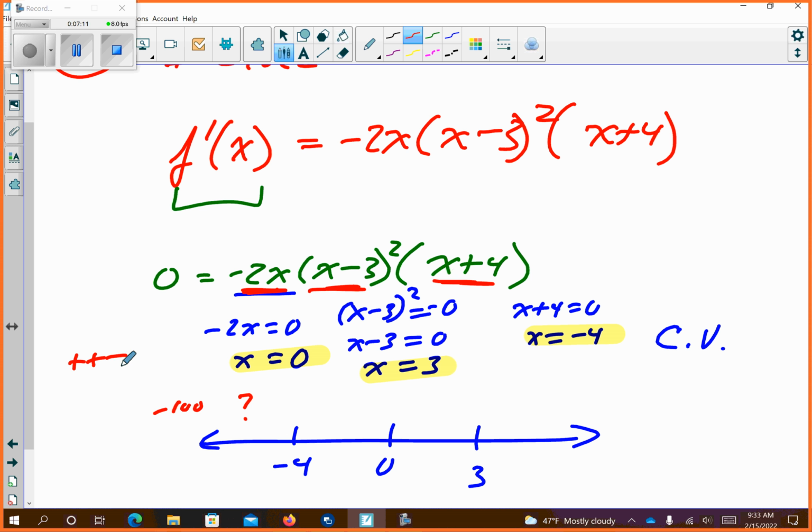So then I'm going to pick, say, a point in here. Let's pick -2. So I know I'm negative from -infinity up to -4. So then take -2, plug it in. -2 times -2 is positive. And -2 minus 3 is -5.